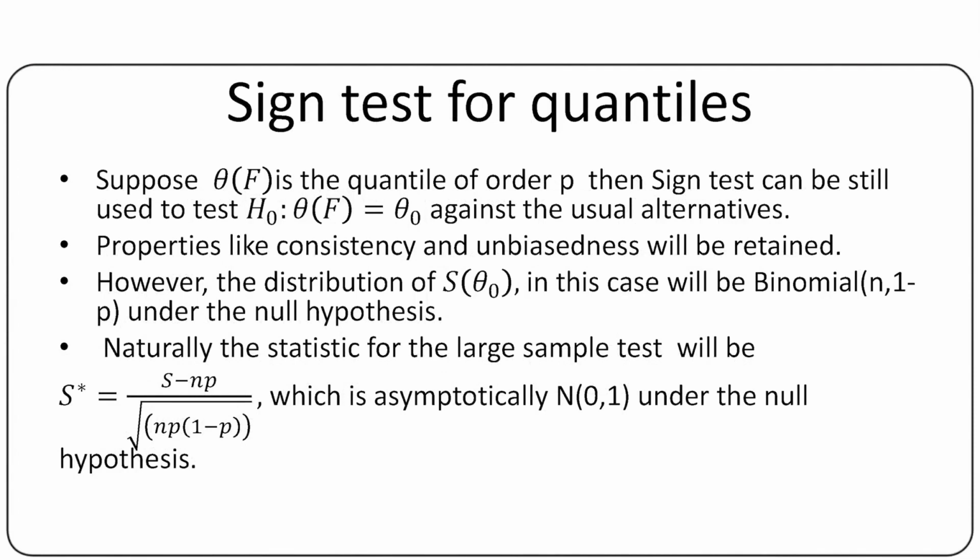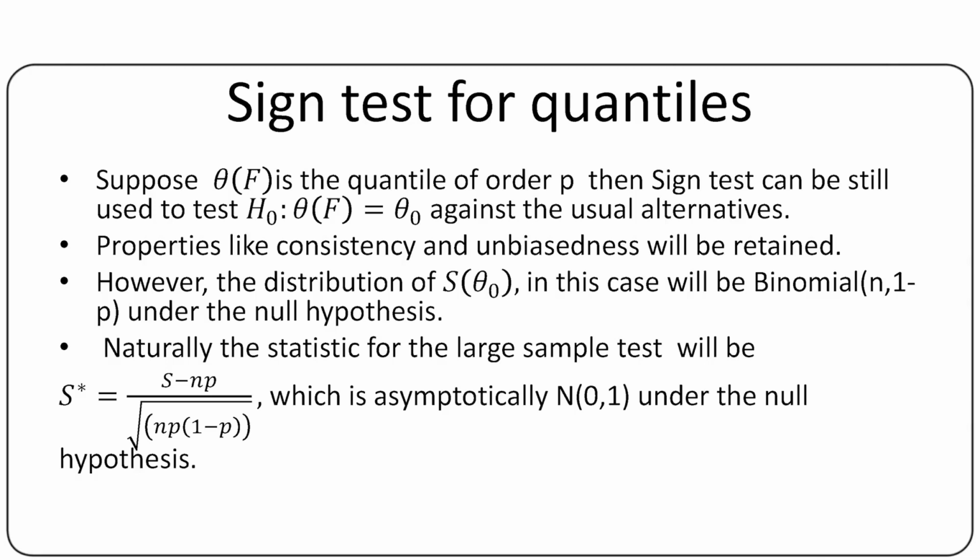So, we have discussed so far the sign test for the median. But the sign test can also be applied for tests regarding quantiles other than the median. Suppose theta is the quantile of order p. Then the sign test can still be used to test theta equal to theta naught against the usual alternatives. Properties like consistency and unbiasedness will be retained.